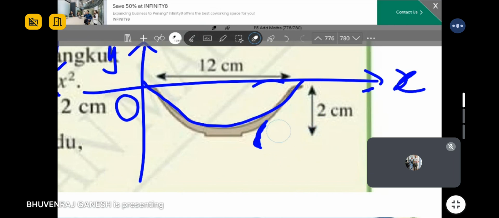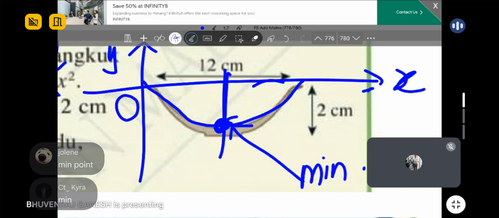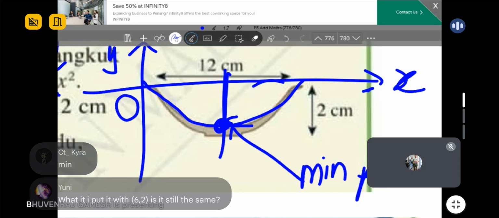Anyone of you don't know how she got the answer? Okay. I think a lot of you don't know. So you see carefully. Guys, what is this point? Can you all tell me? Apa nama titik ni? In a basic quadratic curve, the lowest point is called what? Yes, minimum point. So guys, what is the coordinate of this point? Can you all see? Same.